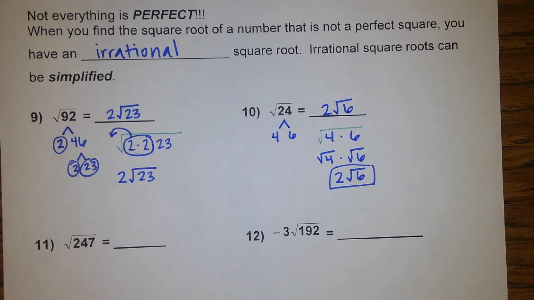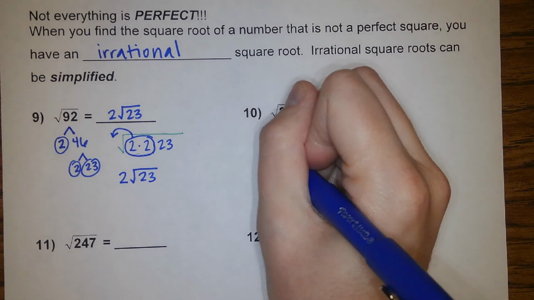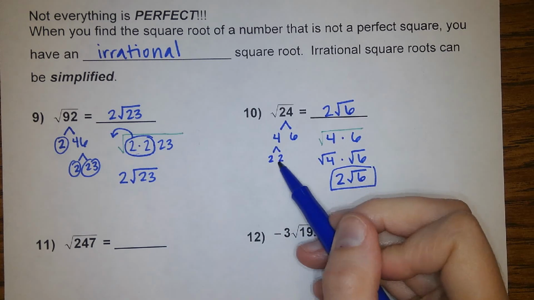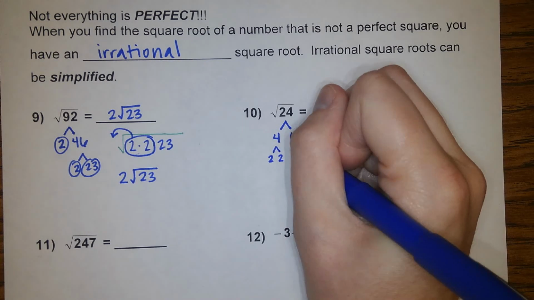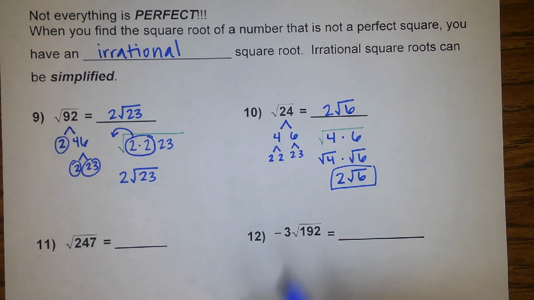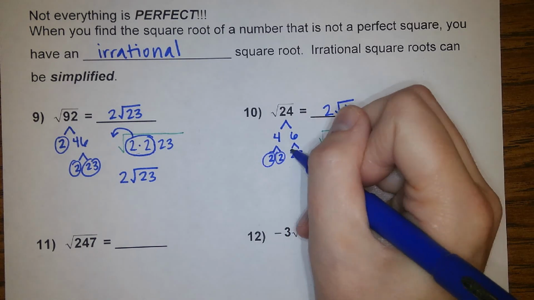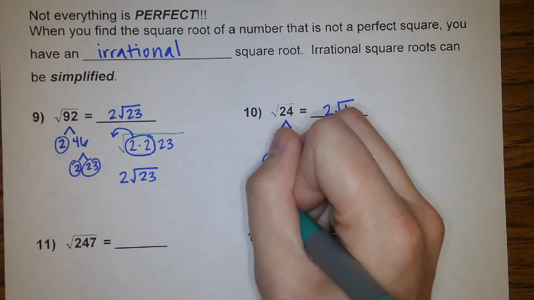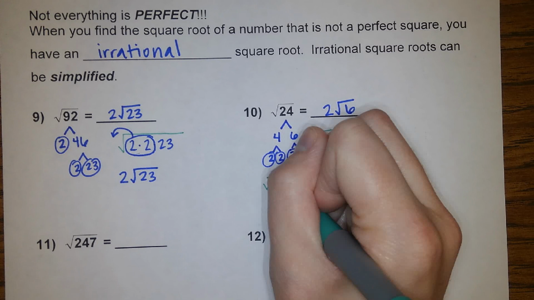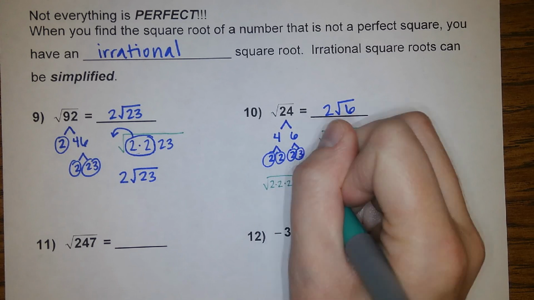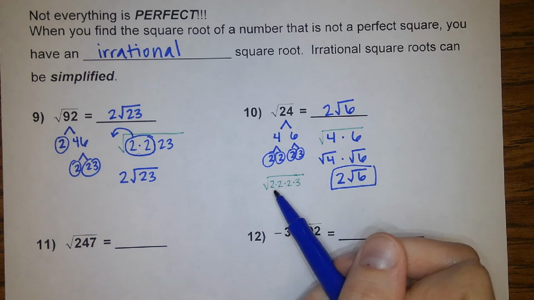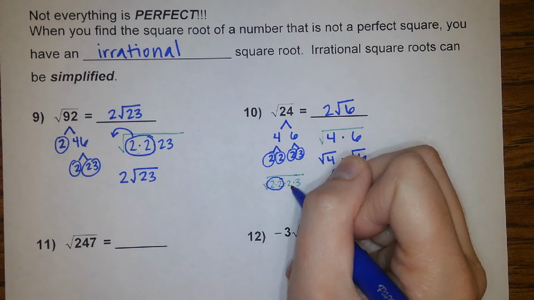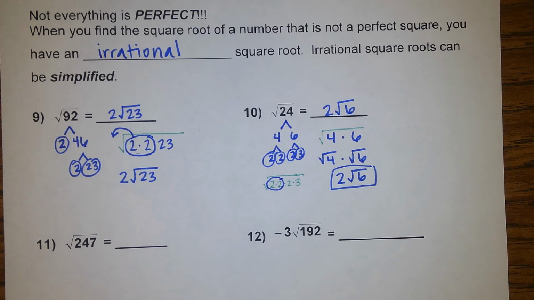Now, if you wanted to reduce it all the way to the prime factors, you could do that as well. The 4 would go to 2 and 2. The 6 would go to 2 and 3. All right, and so we would be left with all these prime factors, and you could rewrite it as 2 times 2 times 2 times 3. And you have to find partners, and so these 2's are partners with each other, but we're left with a 2 and a 3 still in here.